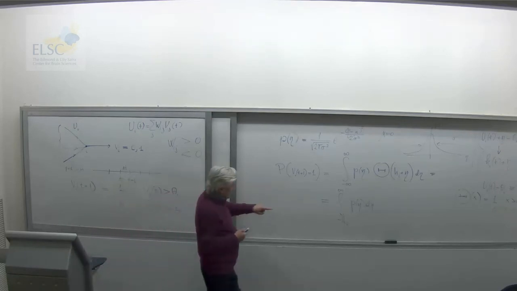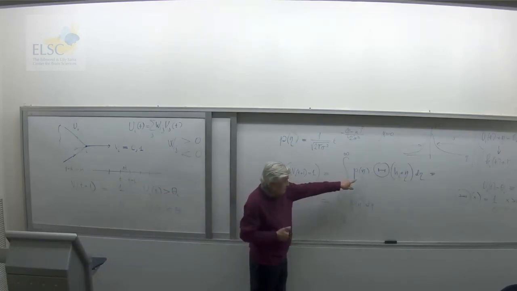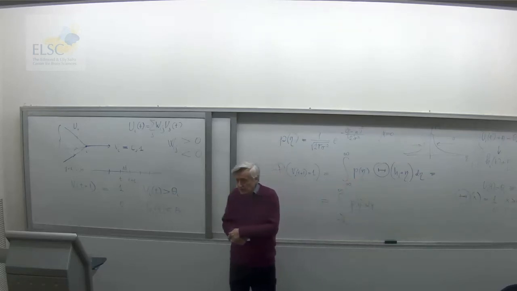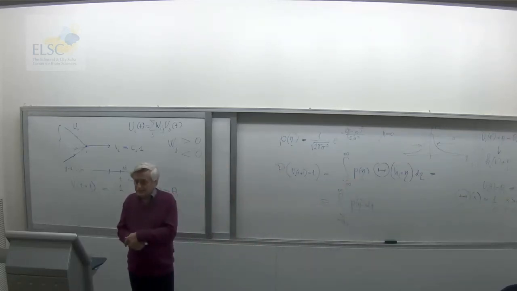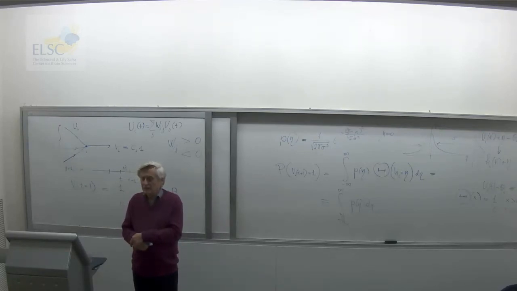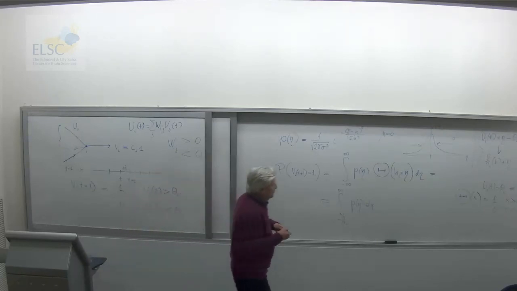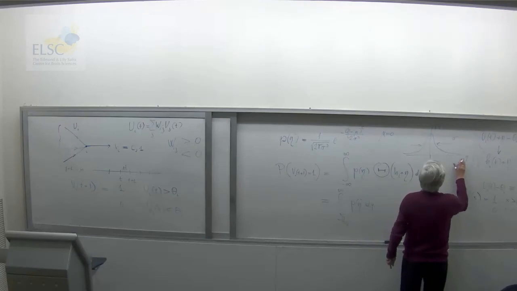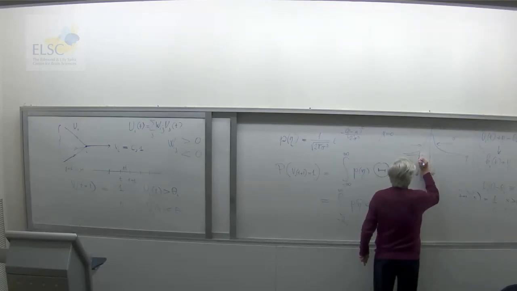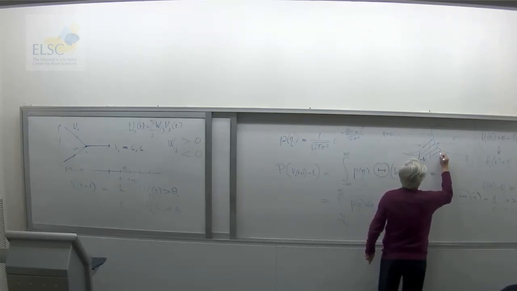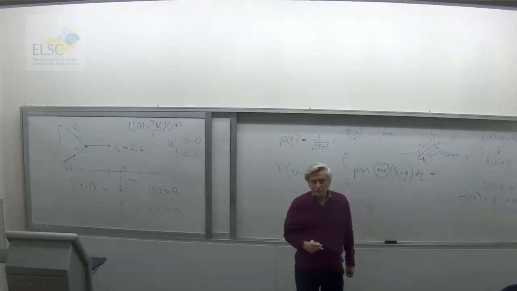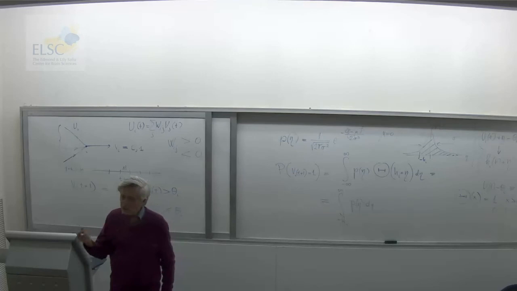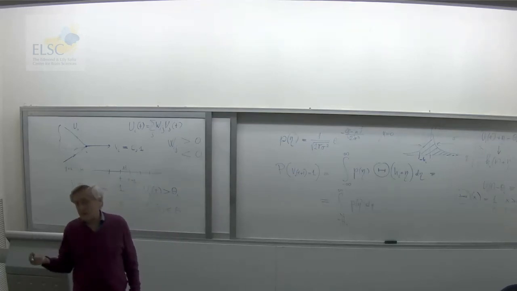This thing here tells you what is the probability that eta will be larger than minus hi, and whenever eta exceeds minus hi, your neuron will fire.